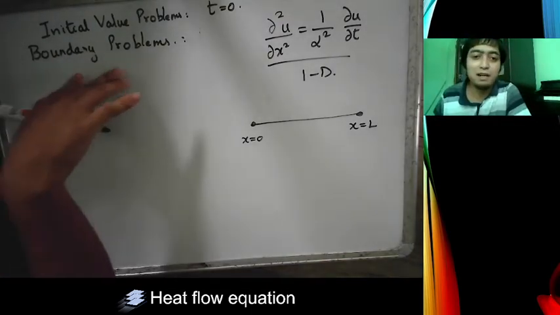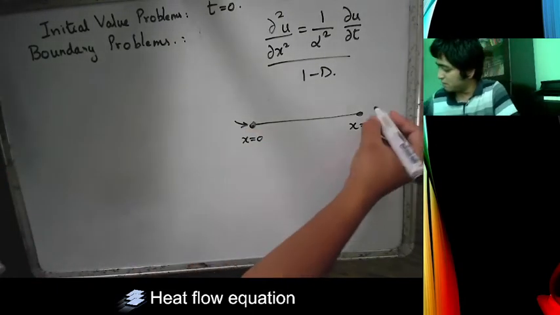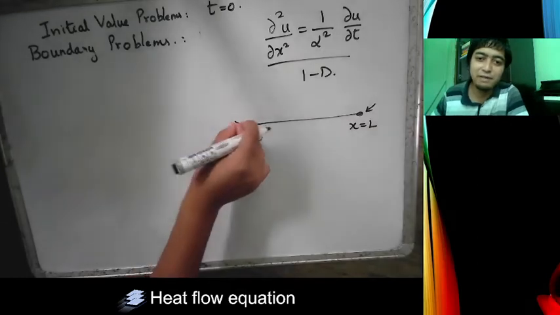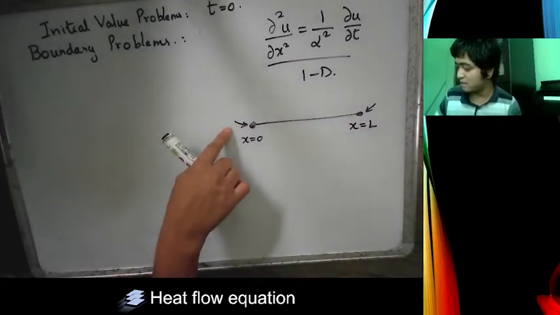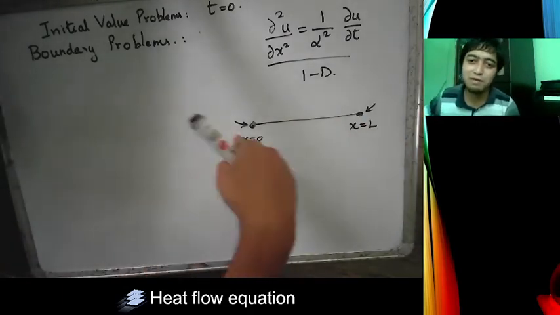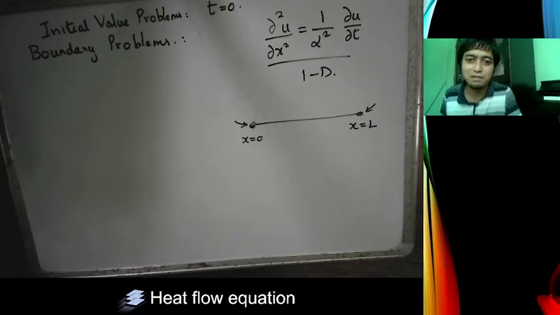Boundary problems are the problems when, at the boundary, you have different heats, different temperatures at the boundaries, as you will see when we are doing examples.